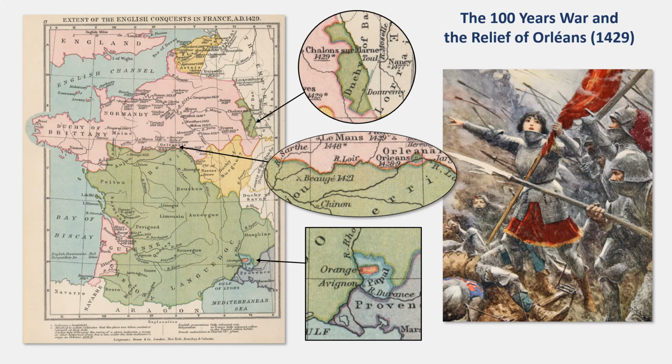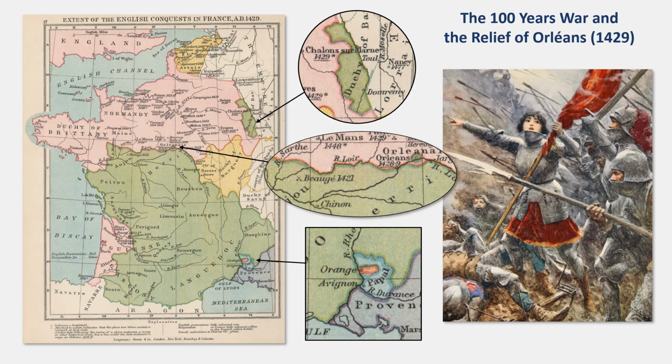And the orange parts are those occupied by Burgundian troops, who likewise were allies to the English and very much against the current occupant of the French throne. And the green, what's left of it, split into two parts, was the French kingdom, the larger part being to the south and a small enclave to the northeast.